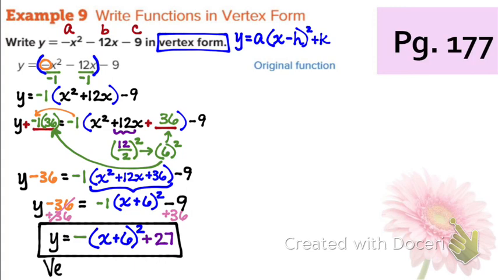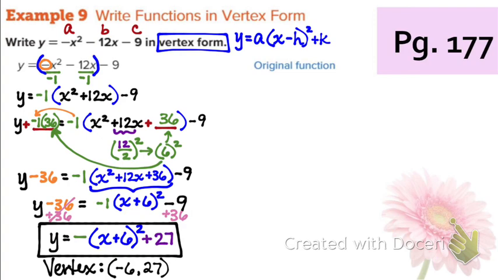What is the vertex? Be careful here. What is our vertex? Remember, it's HK, -6, and positive 27. Is that a maximum or a minimum? Does my parabola open up or open down?